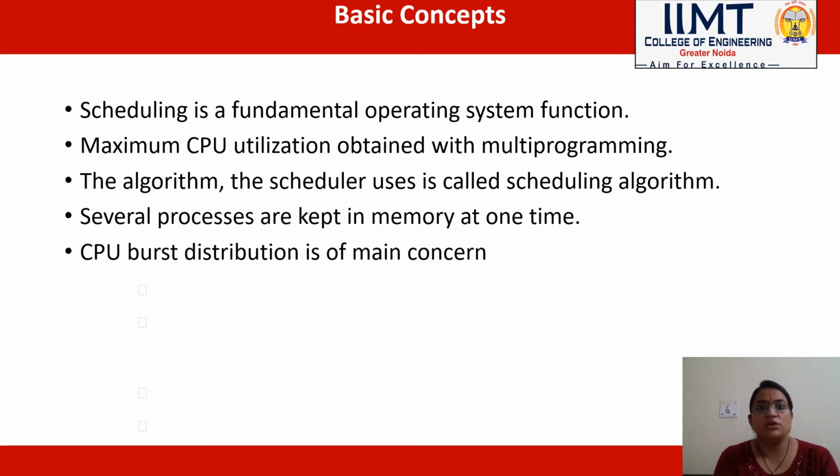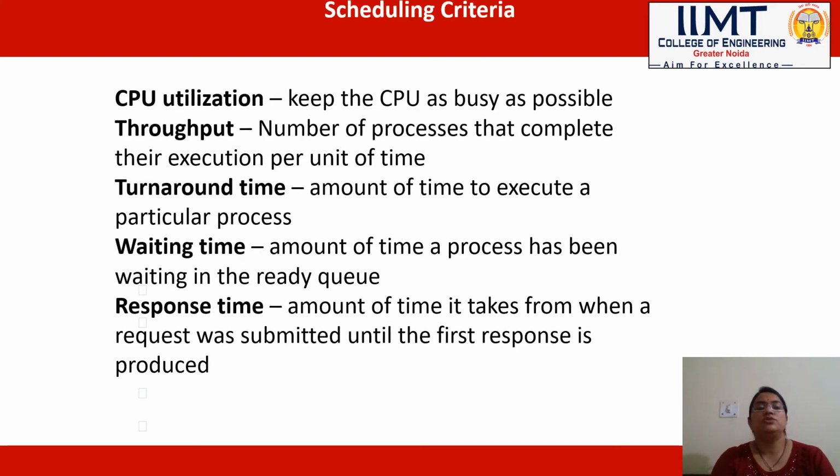Several processes are kept in a ready queue, and by using a CPU scheduling algorithm, we can allocate the CPU among the processes. Now I am going to discuss scheduling criteria.